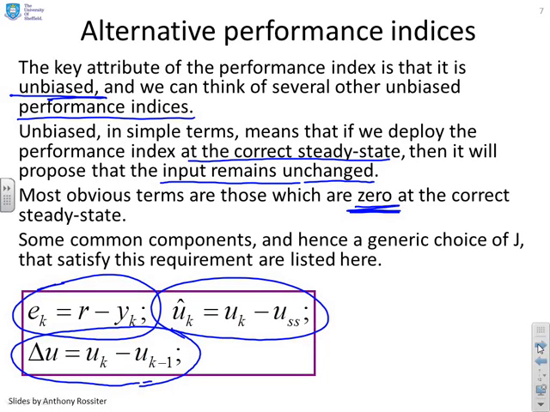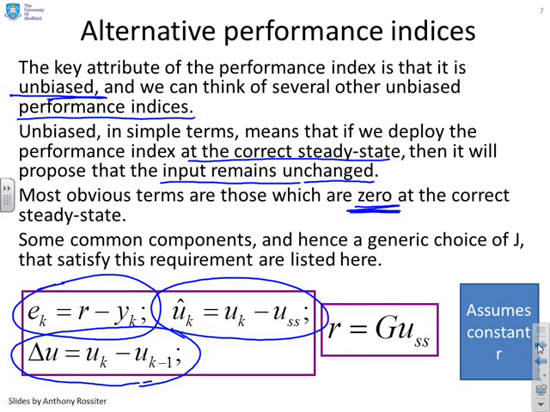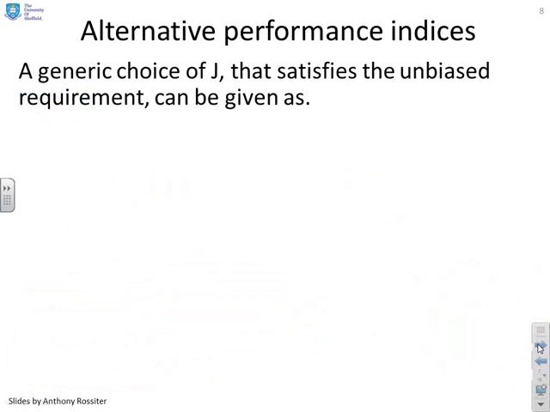Now, you could think of other terms which would be 0 at the steady state, but these are the three most common. And we're assuming, and I've put that over here just to emphasize because this is common in predictive control, people tend to assume that the target is constant when they do this form of analysis. If you have a time varying target, then things would be a little bit more tricky.